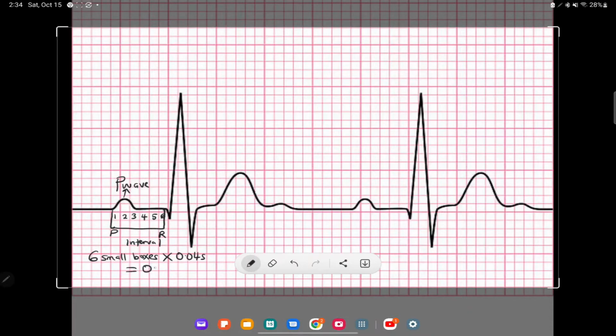So in this graph, our PR interval is 0.24 second. Don't forget that the normal should be between 0.12 and 0.20. So in this reading, the PR interval is slightly above the normal.